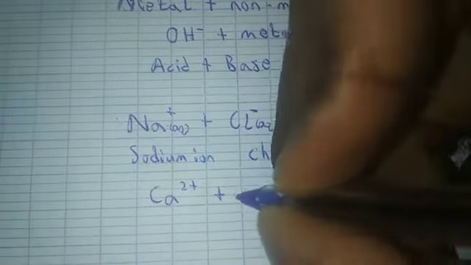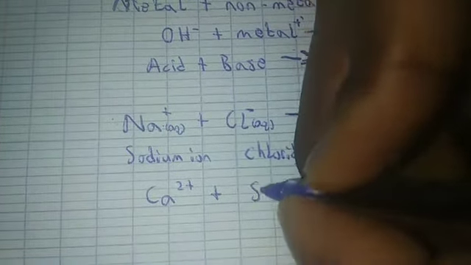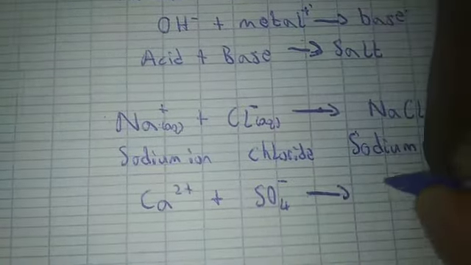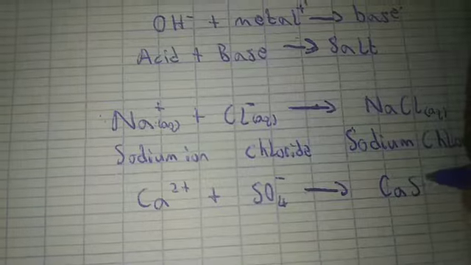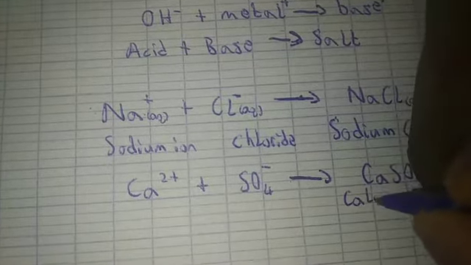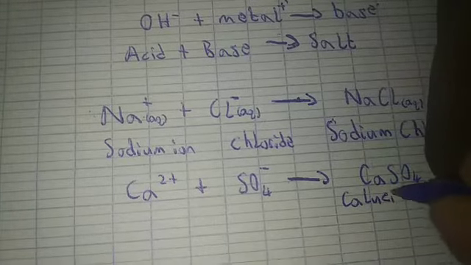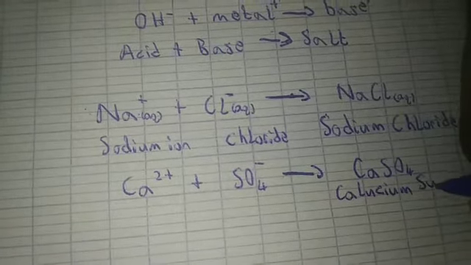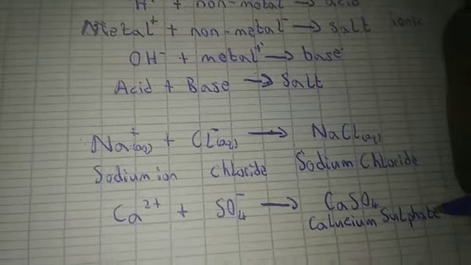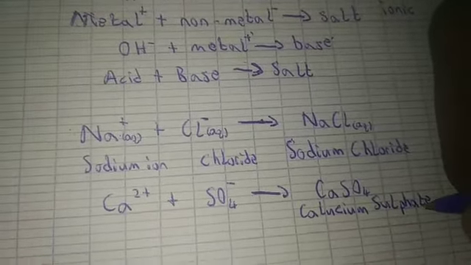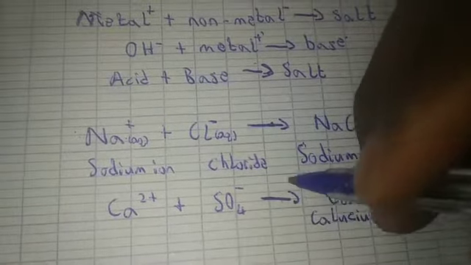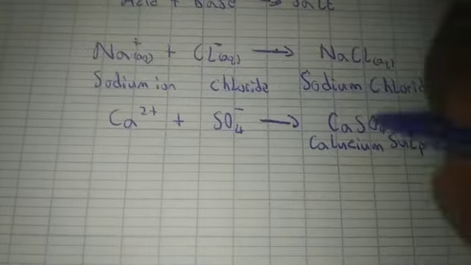Calcium plus a sulfate will give you calcium sulfate. Okay, I didn't use a metal and non-metal; I actually used a radical, the sulfate radical. We'll be coming to radicals in a second.